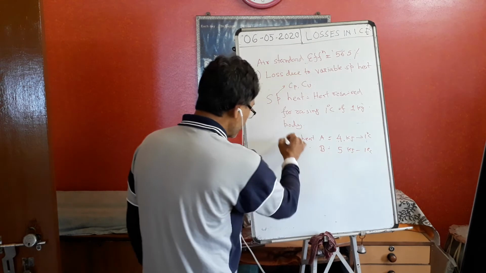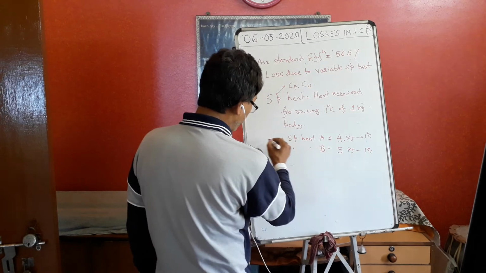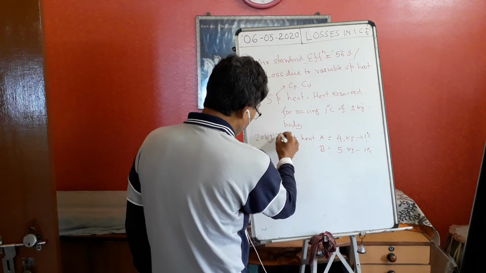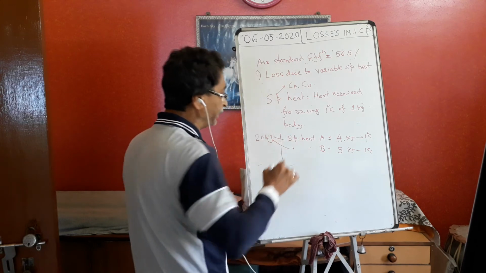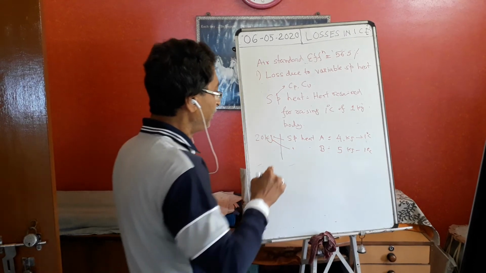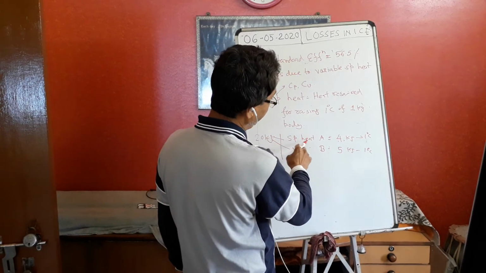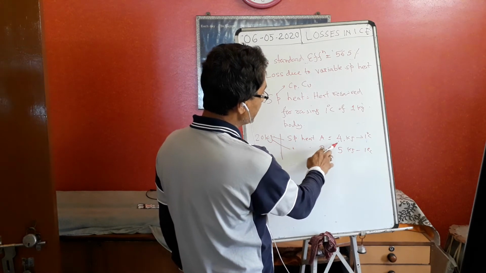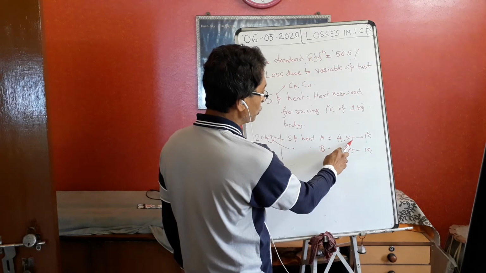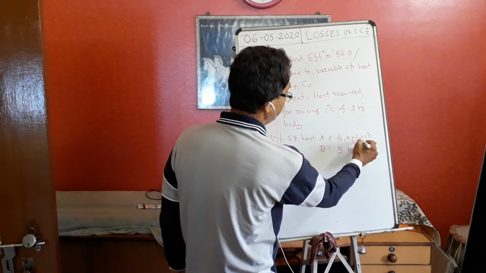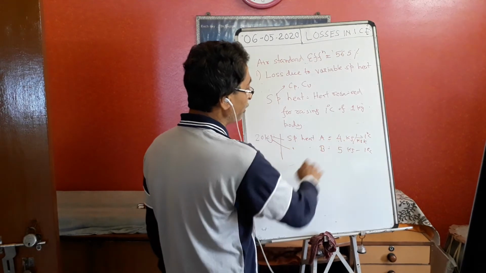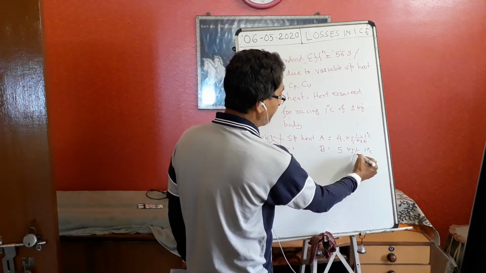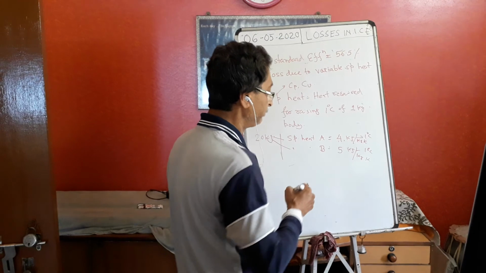Suppose I give 20 kilojoule of heat to both body A and body B. Body A has a specific heat of 4 kilojoule per kg Kelvin, and body B has a specific heat of 5 kilojoule per kg Kelvin.